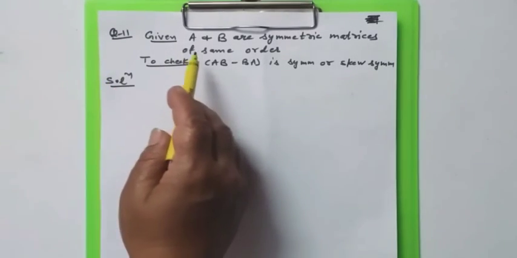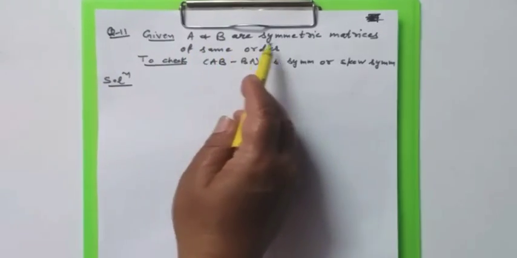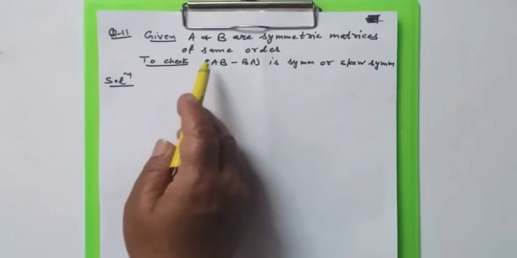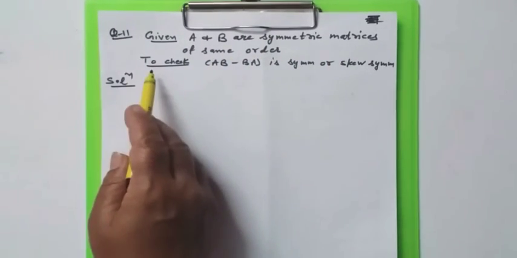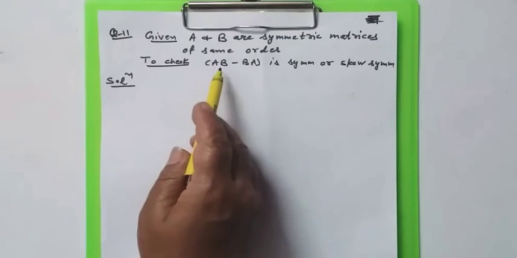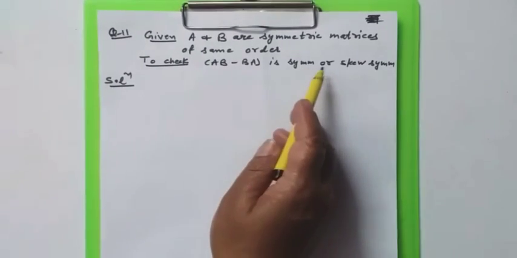Question 11. You are given two matrices A and B which are symmetric and their orders are also same, and you have to check that AB minus BA is symmetric or skew symmetric.